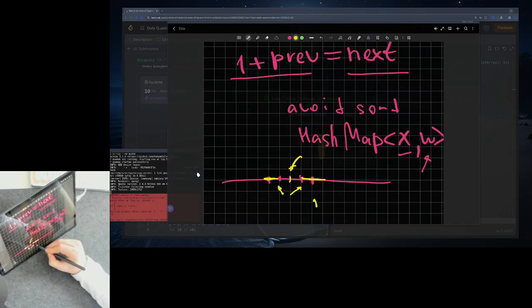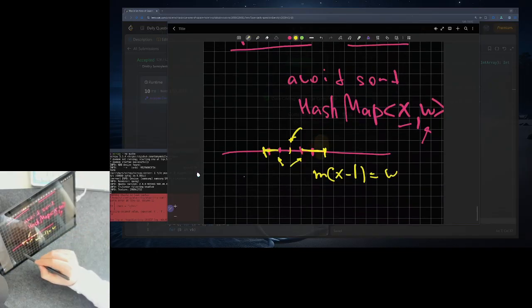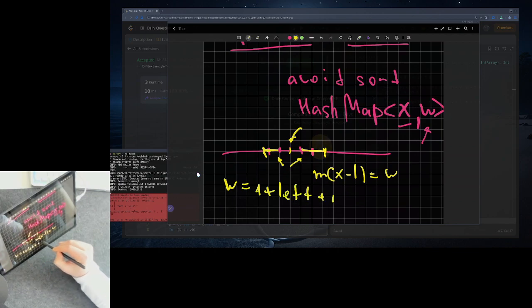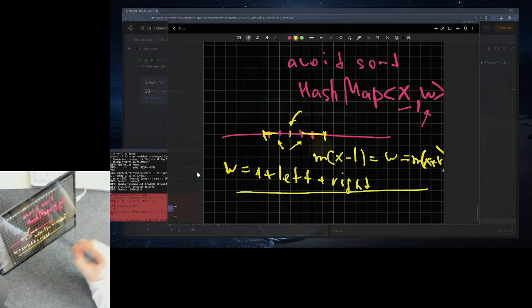So it would be like x minus left equals the new width, and the new width is 1 plus left plus right, and the same for the right, x plus right. So this is an O(n) solution for merging intervals.